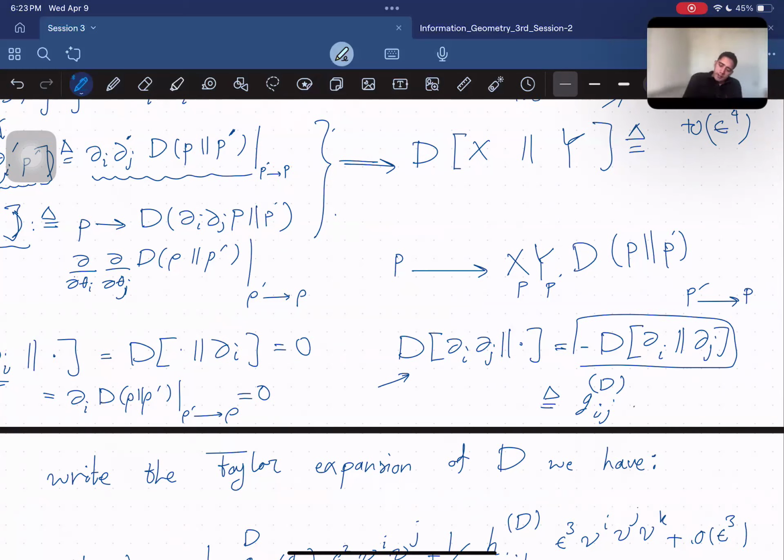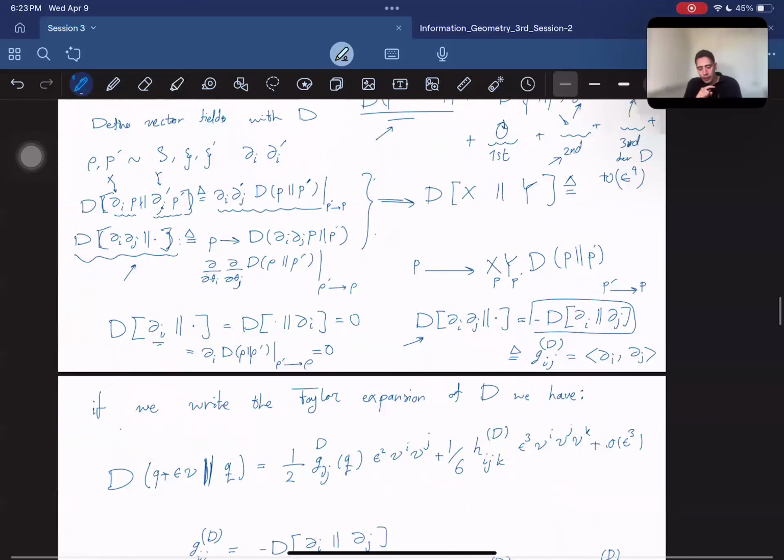Remember, this thing was this. What's the inner product between two basis vectors? Here, I defined it to be the minus of the divergence of the two basis vector fields.